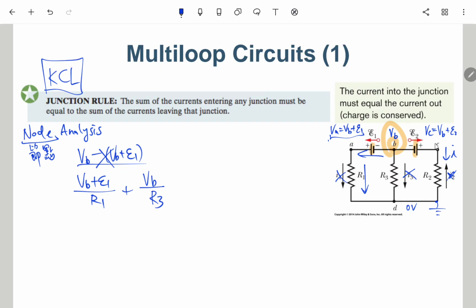So this is VC minus 0 over R2, which is VB plus E2 over R2. So these are the three currents, the first, the second, and the third, going out from VB. We add them up and it should be equal to 0.